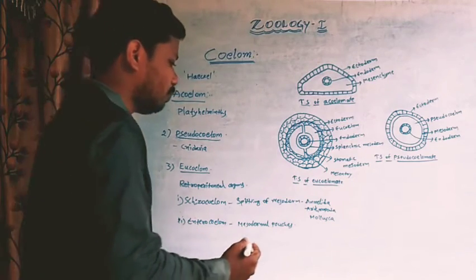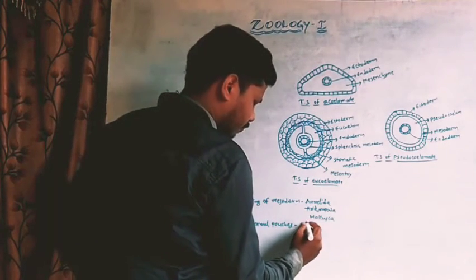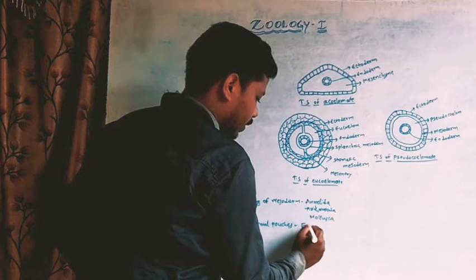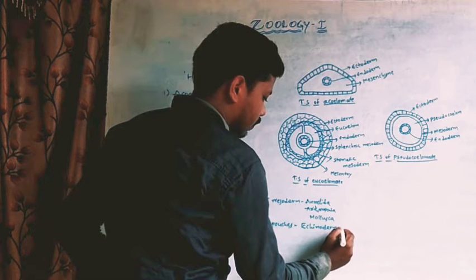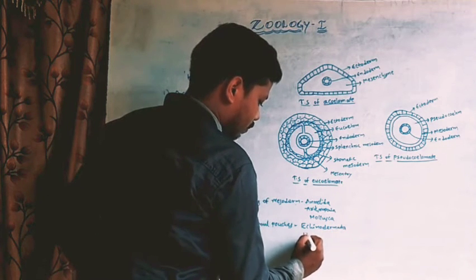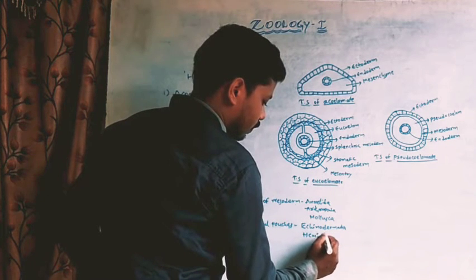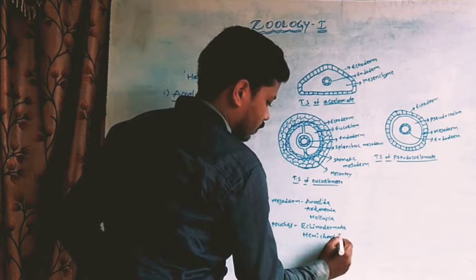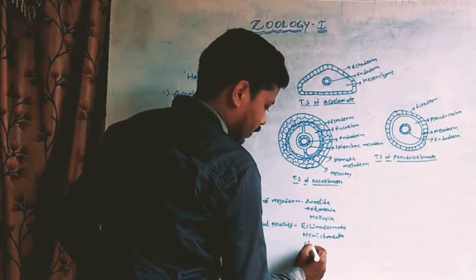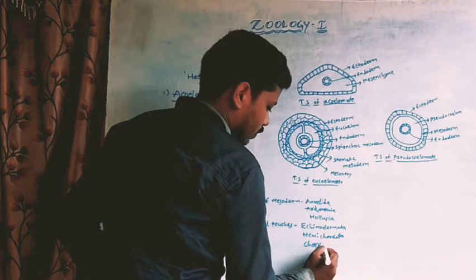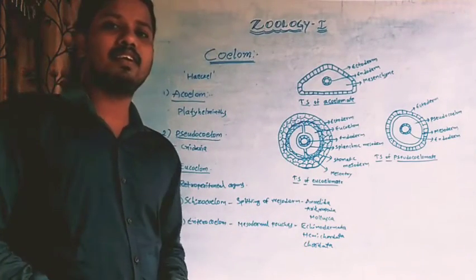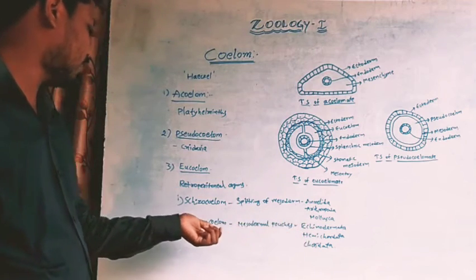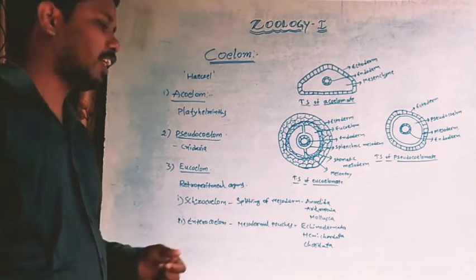This type of coelom is exhibited by echinodermata, hemichordata and chordata. These phyla exhibit enterocoelom.